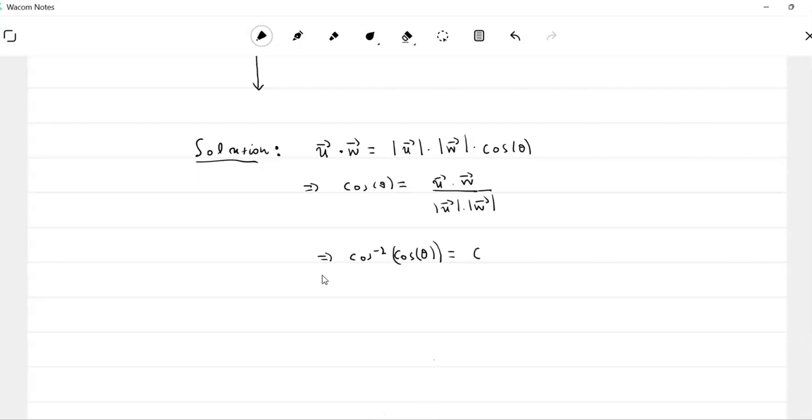So I have arc cos of U dot W over norm of U times norm of W. Because arc cos and cos are inverse functions, I get theta at the left hand side, and at the right hand side I have arc cos of U dot W over length of U times length of W.